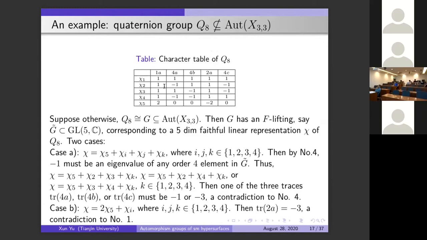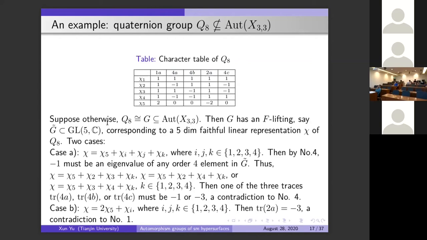So of course, the linear representation theory of Q8 is well known, and this is the table. It has 5 conjugacy classes. The first one is the order 1 element, and it has 3 order 4 conjugacy classes, and only 1 of order 2.